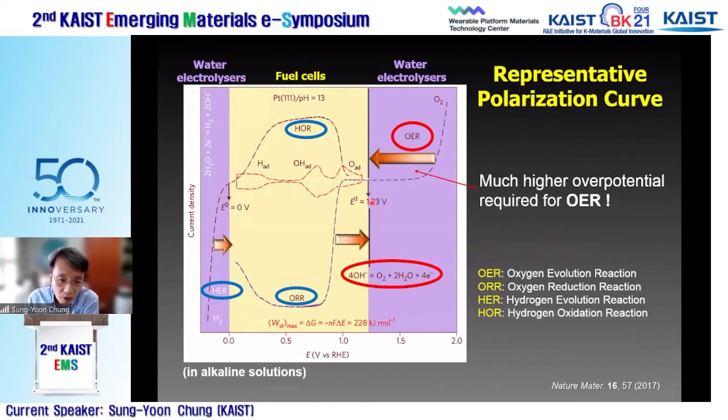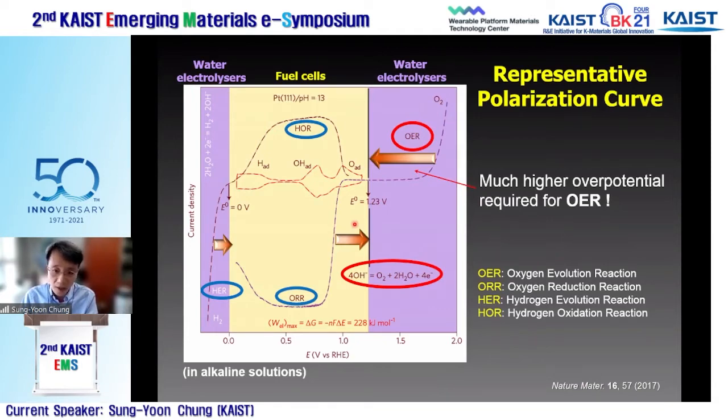In principle, the theoretical potential for the oxygen evolution is 1.23 volts, but the activation barrier is pretty high, so we need a much higher voltage to drive the oxygen evolution reaction at the anode side.